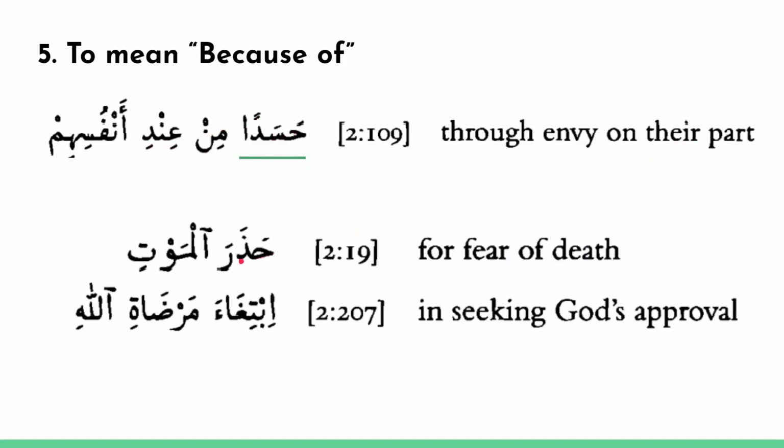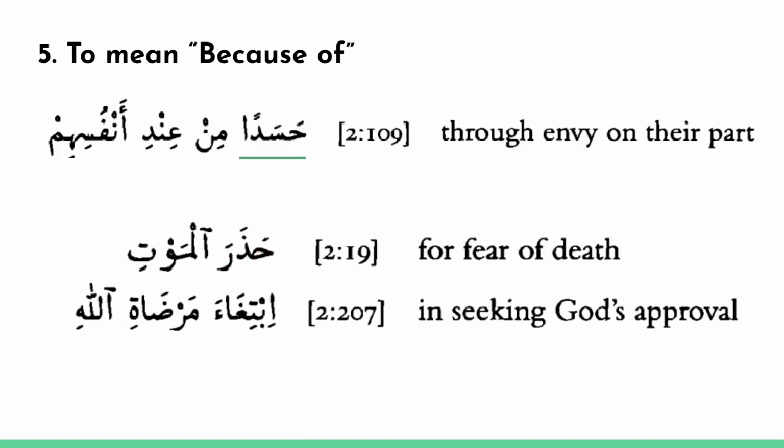Let's take a look at another example. Hadar al-mauti. Hadar means fear, so hadar al-mauti means fear of death. But because hadar is in the mansub case, there must be a reason for it. And then the reason for this is because it's saying for fear of death or because of fear of death.